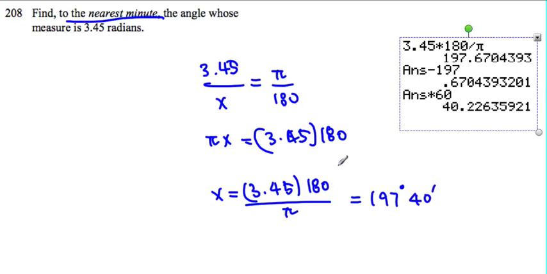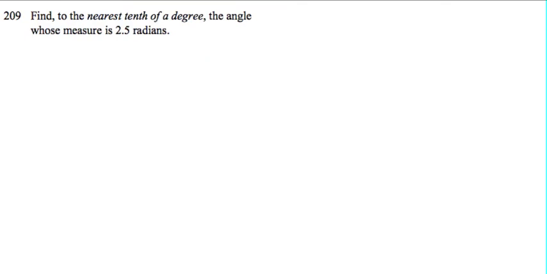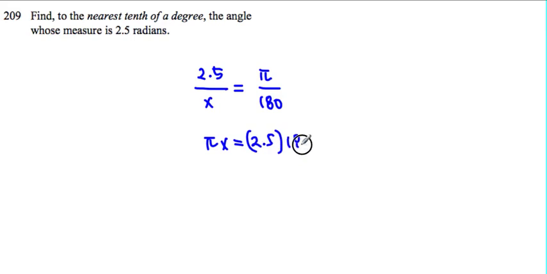All right, let's look at number 209. To the nearest tenth of a degree. So in this case, we're not going into the minutes, we're just going to stay in the tenth of a degree. So we have 2.5 radian, so 2.5 over x will be equal to pi over 180. Then obviously we get pi x is equal to 2.5 times 180, and divide by pi.